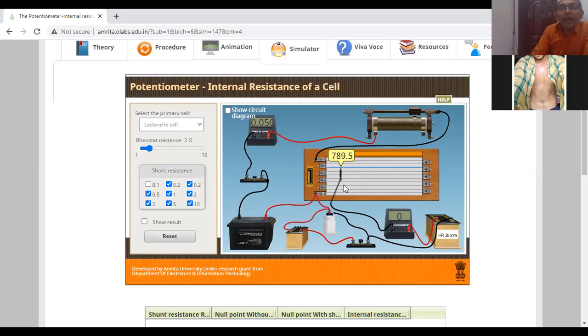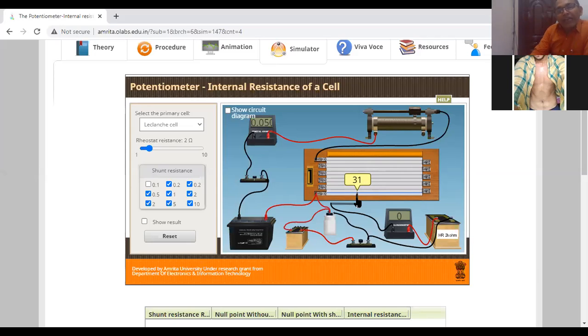Okay, and again you slide and search out the balancing length. Okay, in this case, the balancing length is 31 cm. Okay, this will be L2.